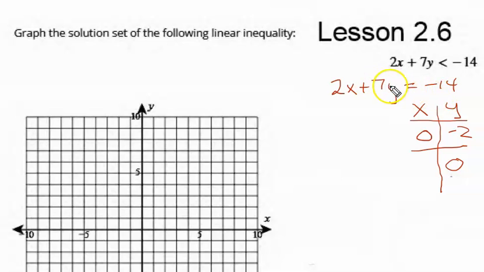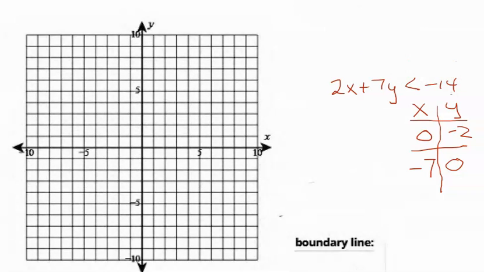And if y is a 0, this is going to be a -7. So these are ordered pairs. And now we can change the equal sign back to the inequality sign. And we'll raise it up a little bit so we can graph this.